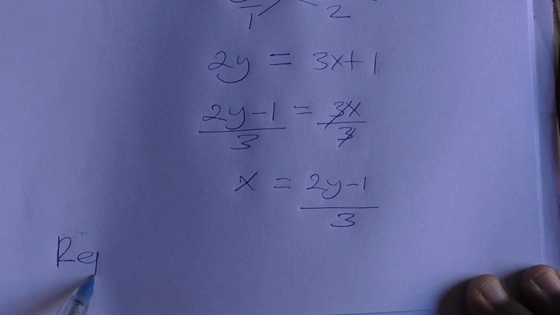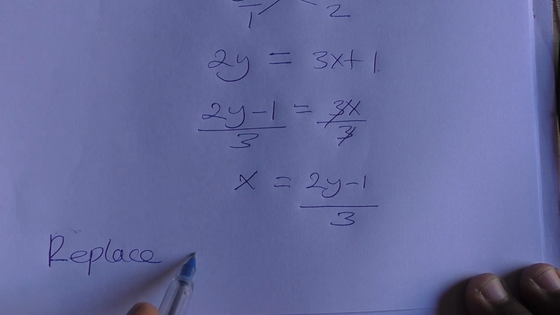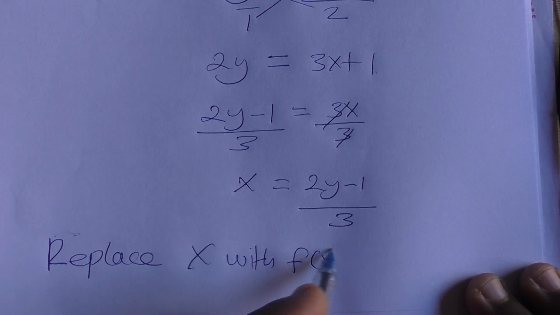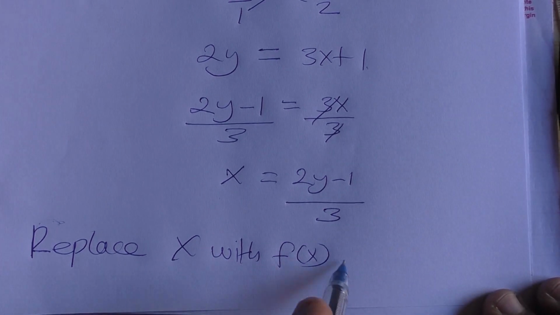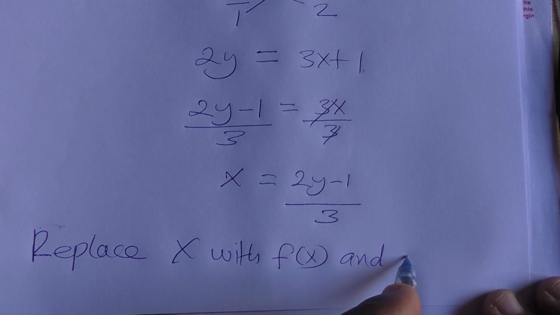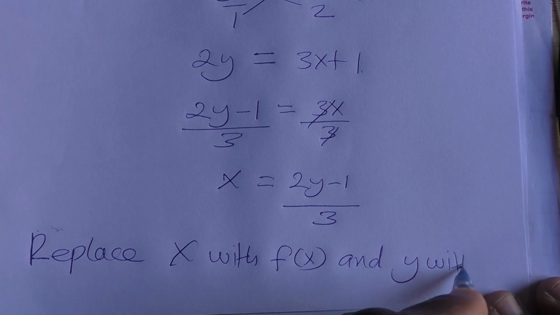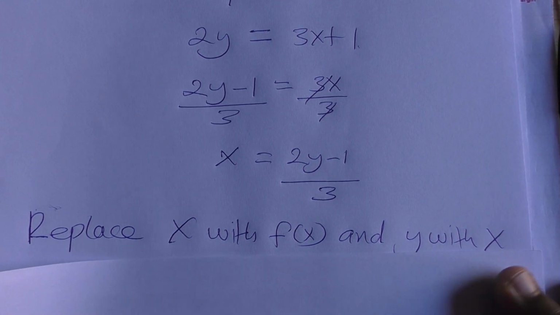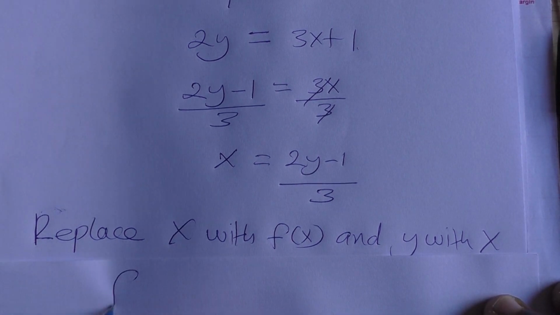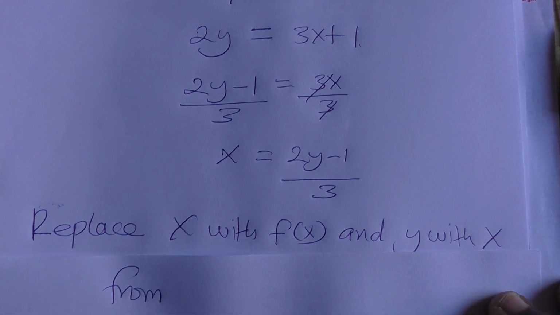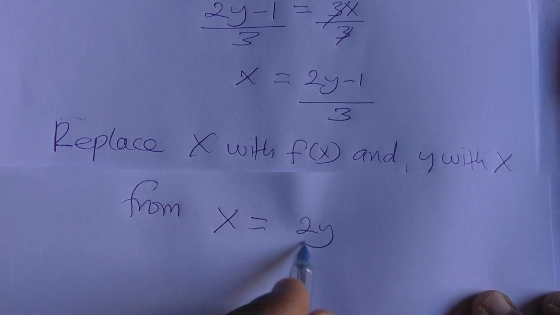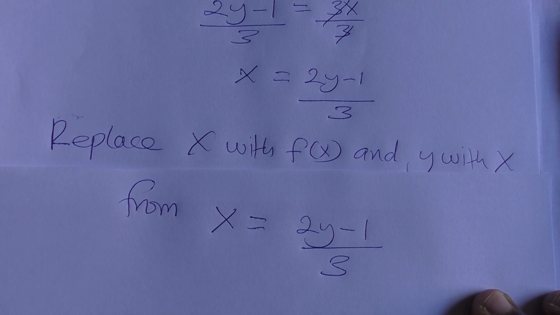After getting x, we go to the third step, that is replace x with the f of x and y with the x. That will be from x equaling to 2y minus 1 over 3.